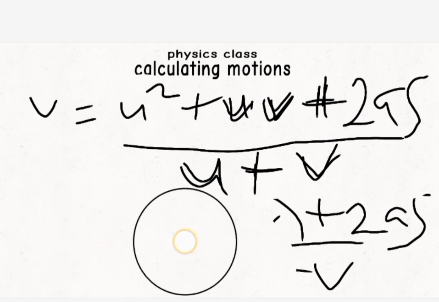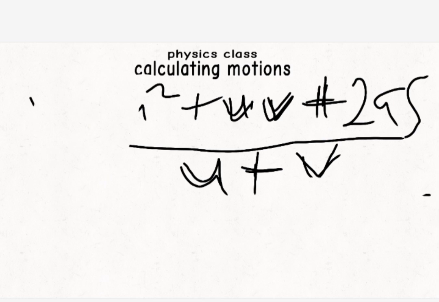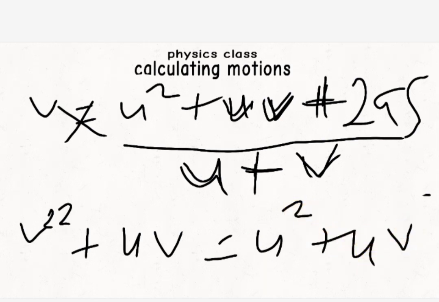So let me write that. If we cross multiply, v is multiplying u plus v. So that would be v square plus uv is equal to u square plus uv plus 2as.